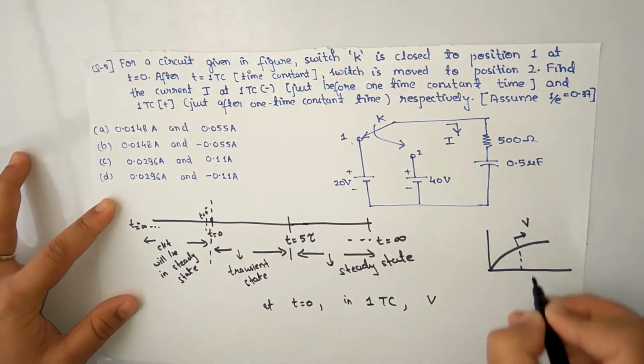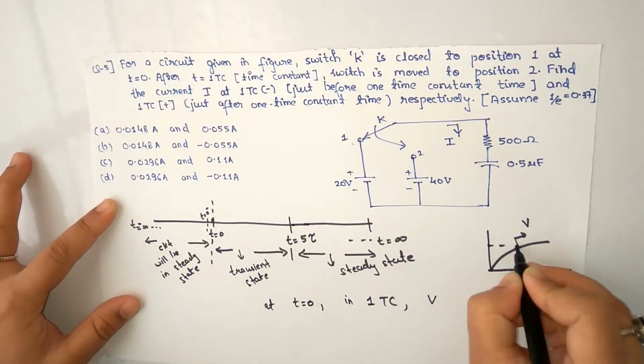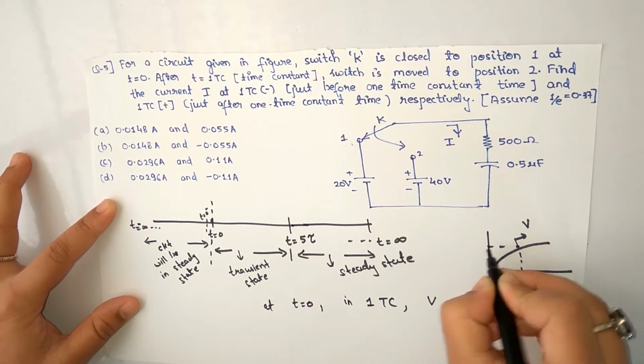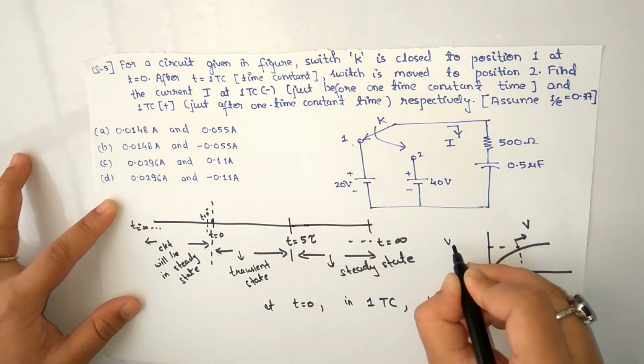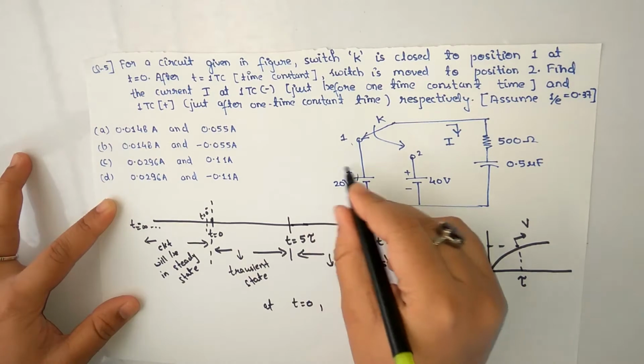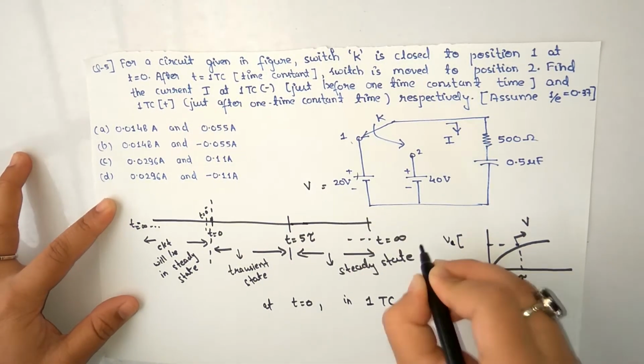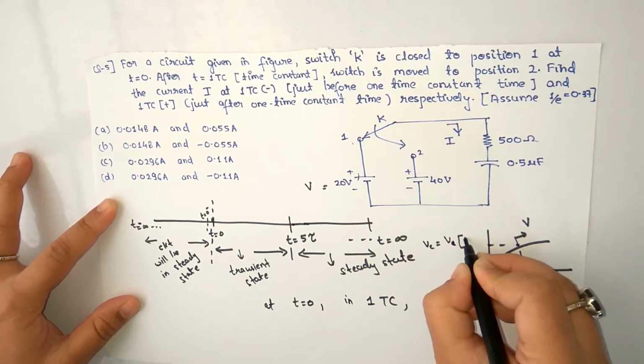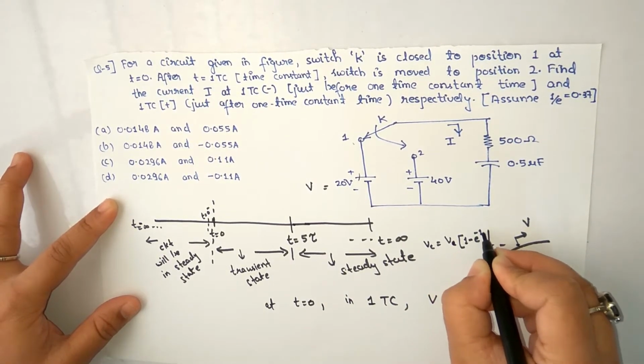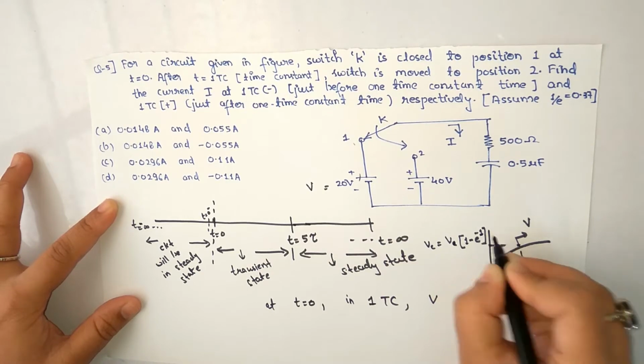So in one time constant tau it can charge up to a fraction of that maximum value. Suppose I'm considering this as V, so Vc will be equal to V times 1 minus e to the power minus 1, right? It can charge up to this.